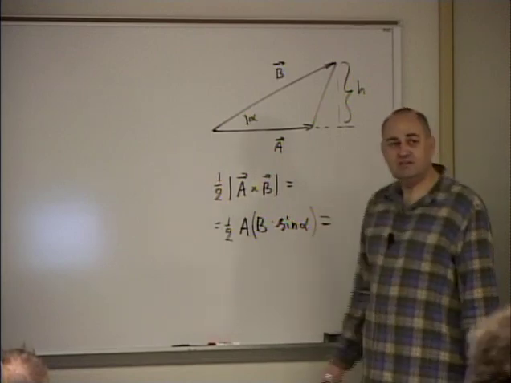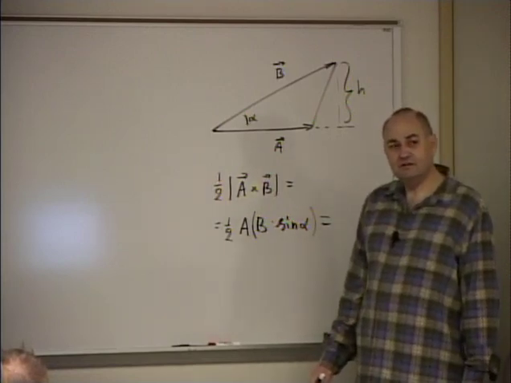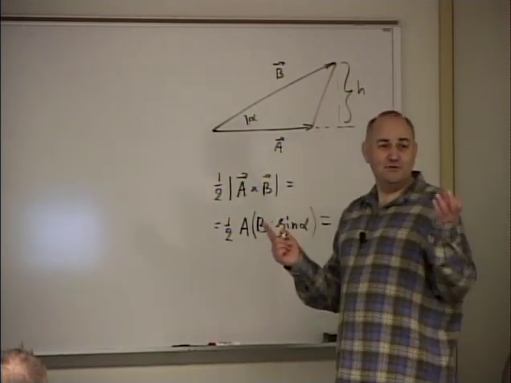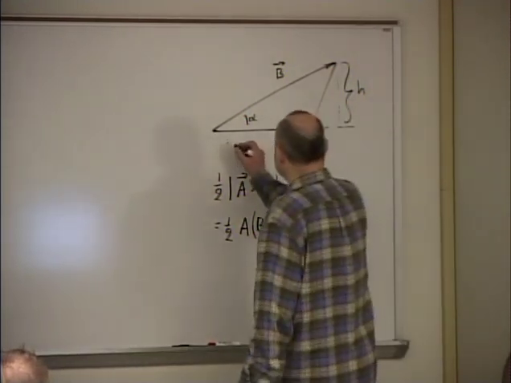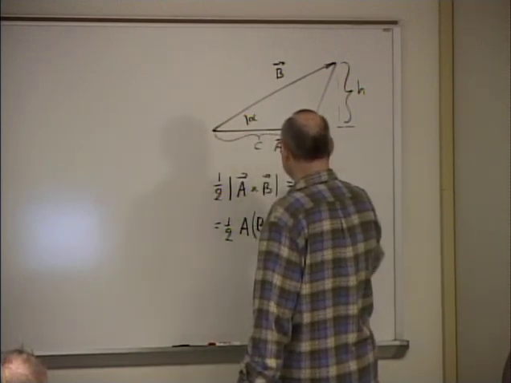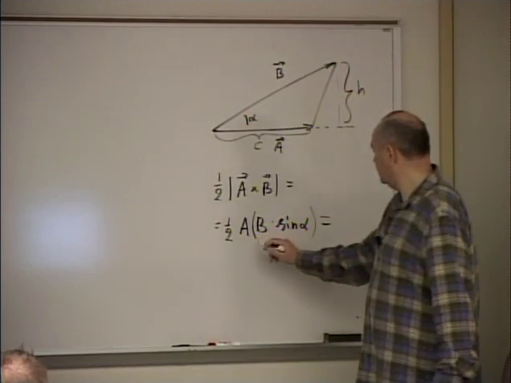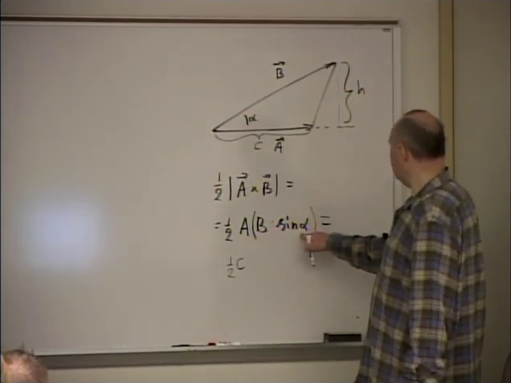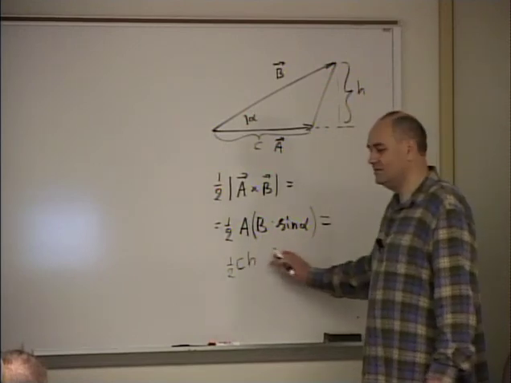Which means that this expression is equal to what? Well, I know how you would recognize it. If I write that this length is c, here I have 1/2 c. Now b sine alpha is h.